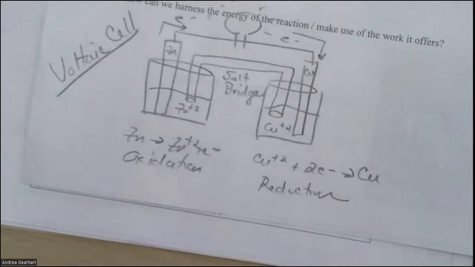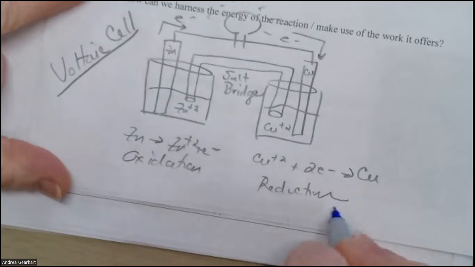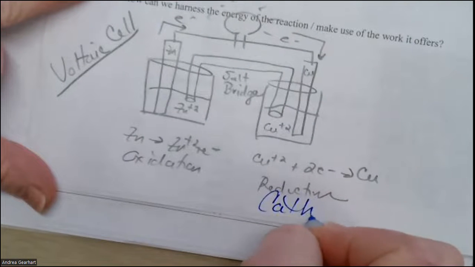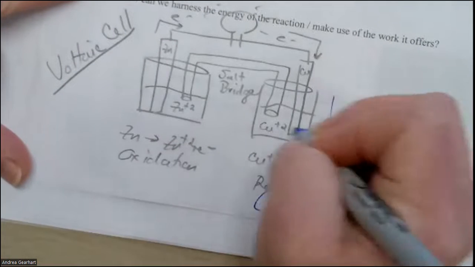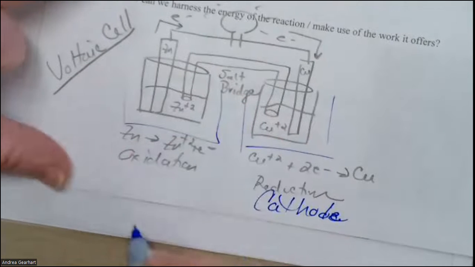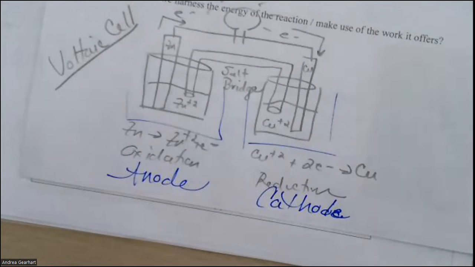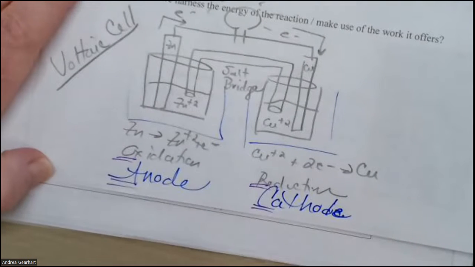Okay. Now, some other terminology. The half reaction where the reduction is happening is called the cathode. So this whole compartment is called the cathode. Where the oxidation is happening, we call the anode. And here is an excellent way to remember: consonant, vowel, consonant.